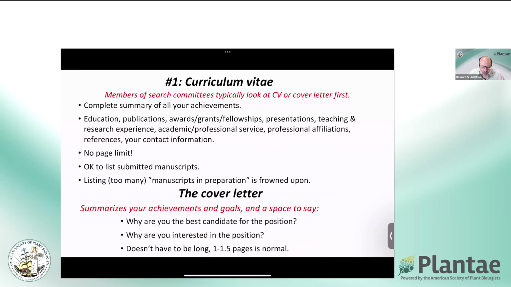Okay, so the two things that are probably most important in your application would be the curriculum vitae, followed probably by the cover letter. This is what search committees will typically look at first.